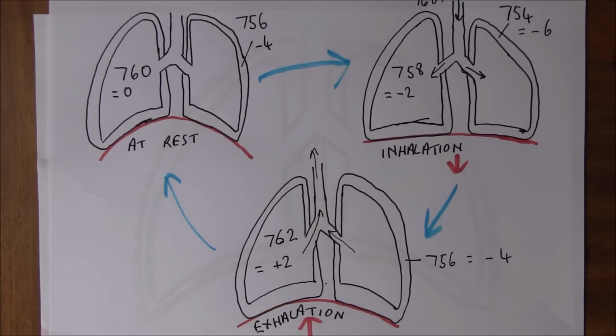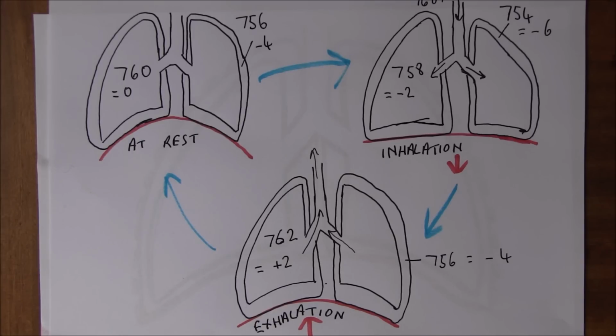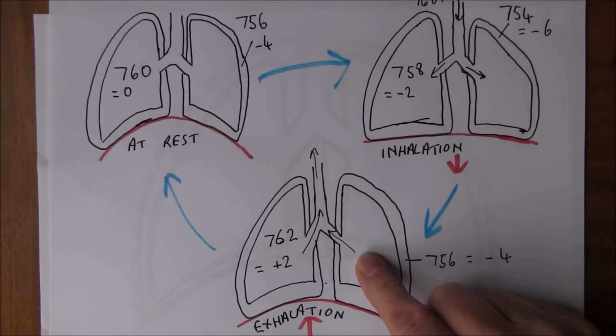But during forced expiration, so if you're playing a trumpet or if you're out for a run and you need to breathe out more quickly, then expiration is aided by the process of contraction of the internal intercostal muscles, as that pulls the ribs down and in, decreasing the intrapulmonary volume more dramatically, therefore increasing the pressure by the equivalent amount as dictated by Boyle's law.